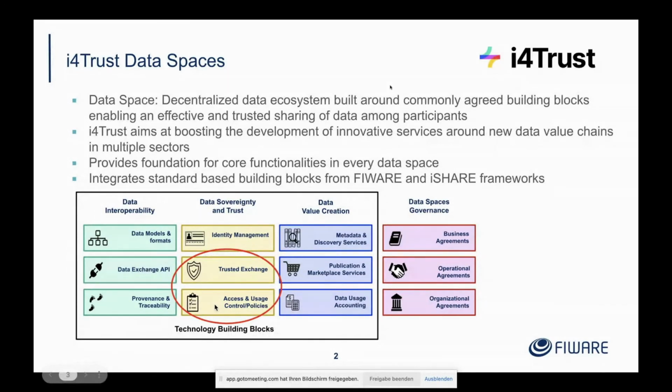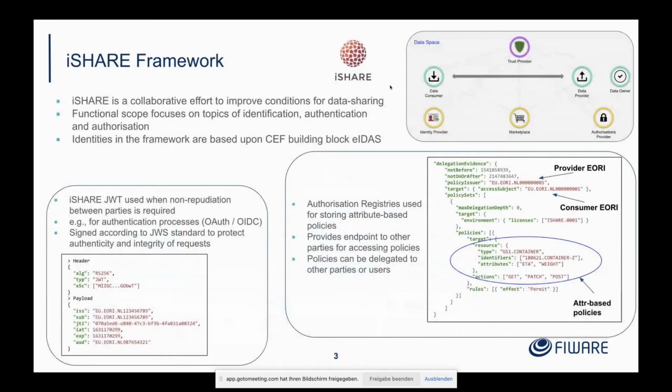There we are using building blocks from FIWARE, for instance API Umbrella, of course, or also the context broker technology providing these services in the backend, and technologies from the iSHARE framework, which is also part of the I4Trust project. So I also want to show quickly what iSHARE is.